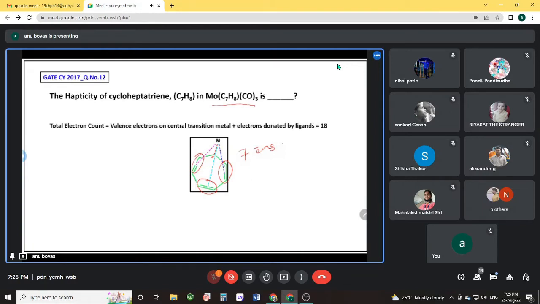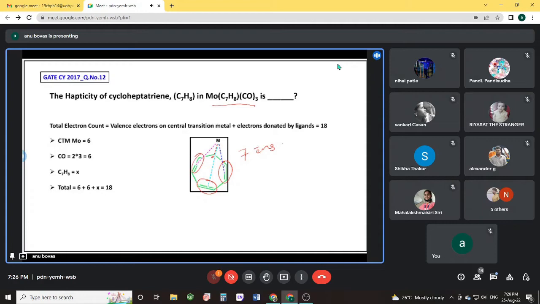So we know the total electron count equals valence electrons on the central transition metal plus electrons donated. Here the central transition metal is molybdenum and the valence is 6, and there are 3 carbonyl ligands. Each carbonyl is a 2 electron donor and hence totally it will donate 6 electrons. Now let us assume C7H8 is giving x number of electrons. Therefore 6 plus 6 plus x should be equal to 18.